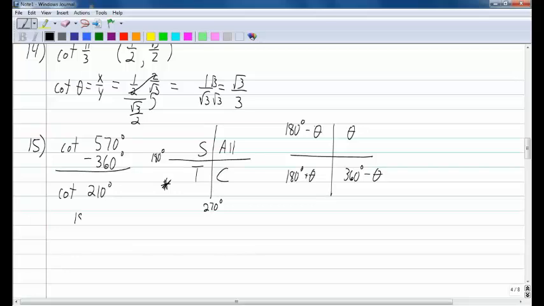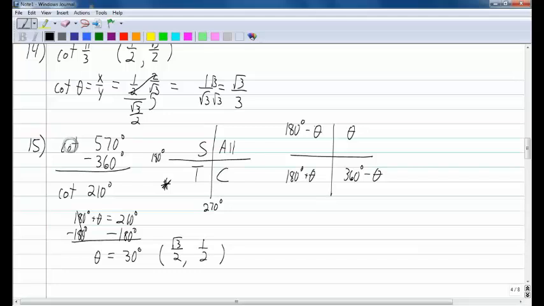So we say 180 degrees plus theta equals 210 degrees. We solve for theta, and this will give us our reference angle. So we get theta equals 30 degrees, or pi over 6. And we associate that with the point square root of 3 over 2, 1/2.